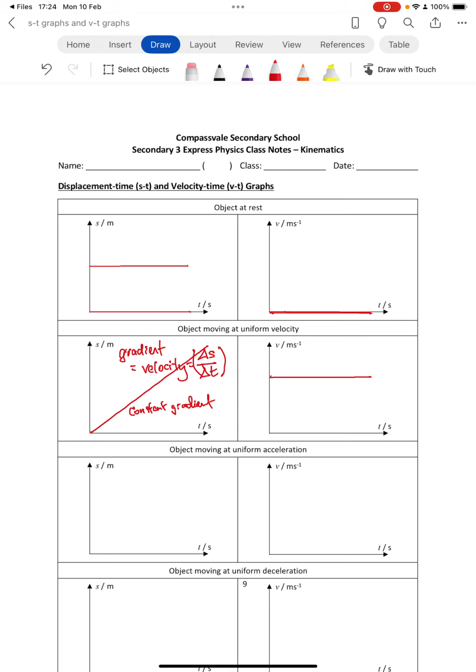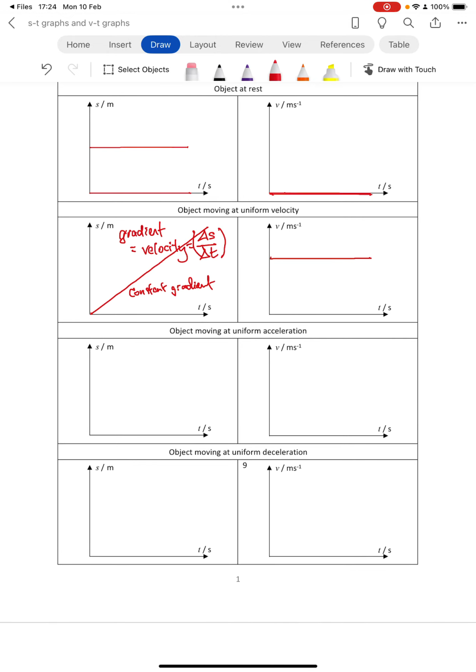Now for object moving at uniform acceleration, remember that for displacement time graph, the gradient is velocity. So if the velocity is increasing, that means that the gradient is increasing. So for increasing gradient, it means that it has to be from gentle slope to a steeper slope, right? So it will look like this.